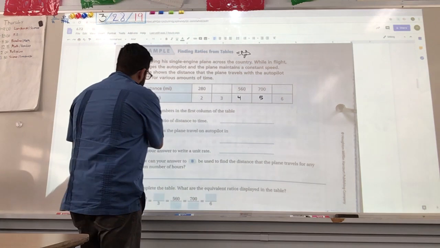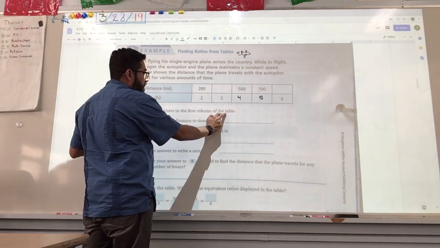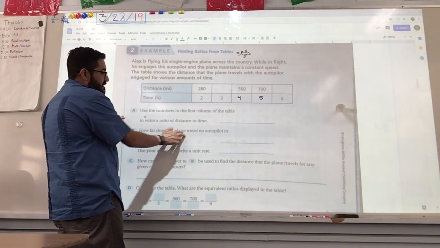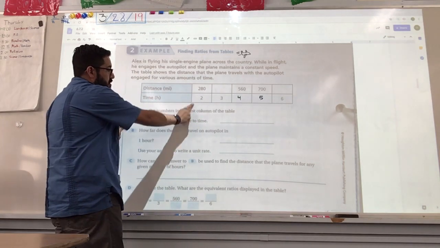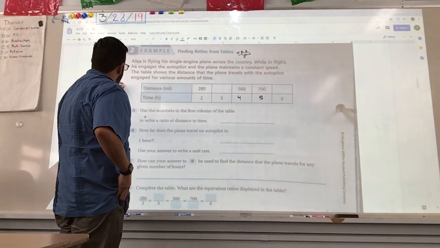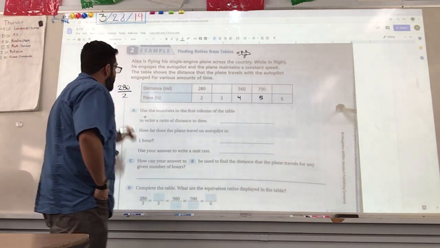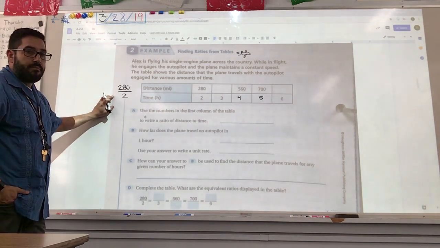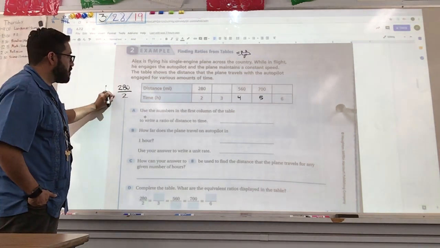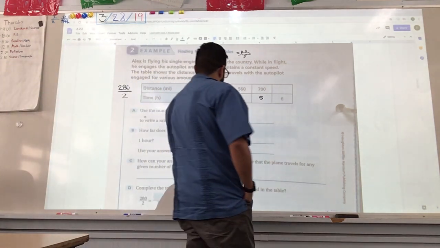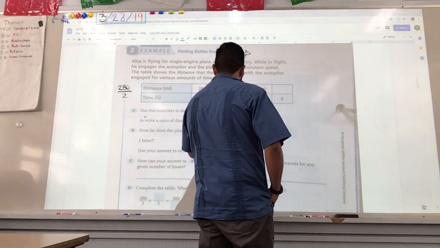Now, what it says right here for A is use the numbers in the first column of the table, 280, 560, 700, to write the ratio of distance to time. So, 280 over 2. Distance to time. So for every 2 hours, you go 280 miles. So you can write that like this.